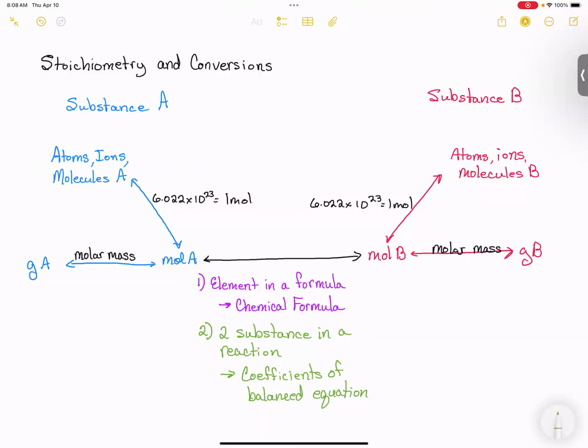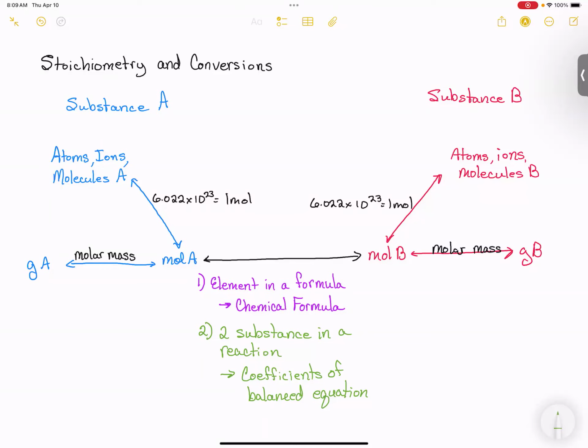Now, when I put together this flow chart, you'll notice that I listed substance A in blue and substance B in red. Basically, when I'm talking about substance A compared to substance B, I'm talking about two things that have a different formula.